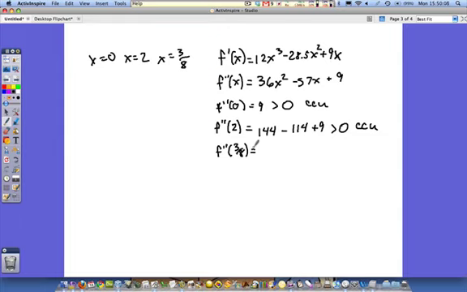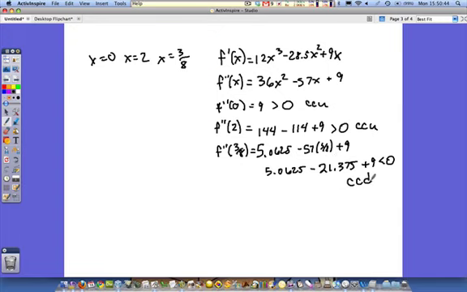So 3/8 squared times 36 is 5.0625, minus 57 times 3/8, which is 21.375, plus 9. That is less than 0, and therefore this area here is concave down.